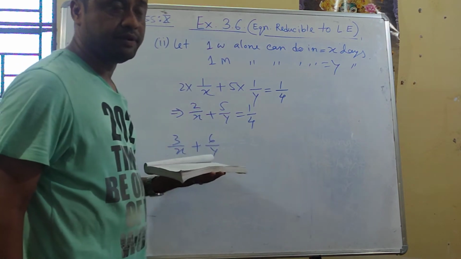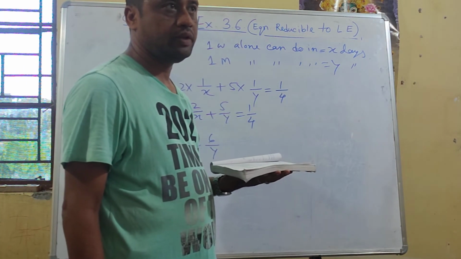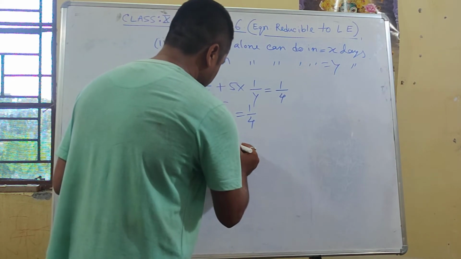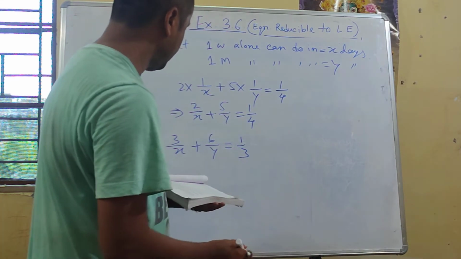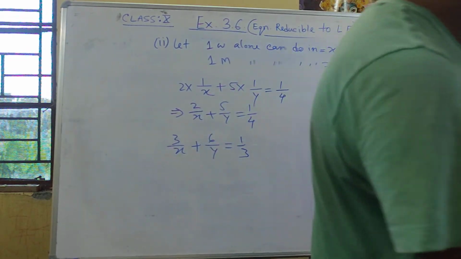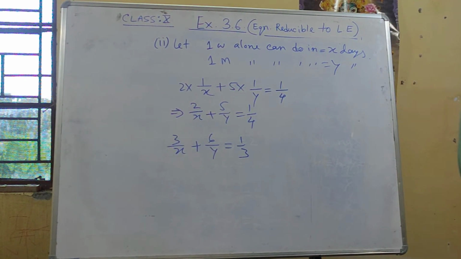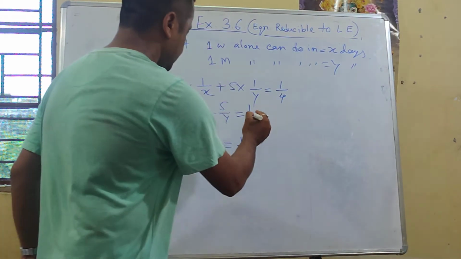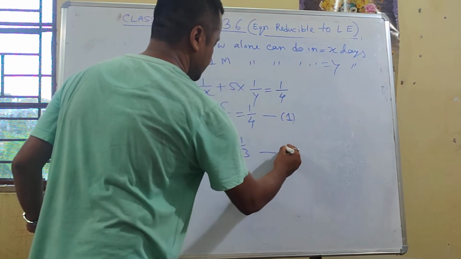So in 3 days they can finish the work, so in 1 day the work will be 1 by 3. It is simple: this is equation number 1, this is equation number 2.